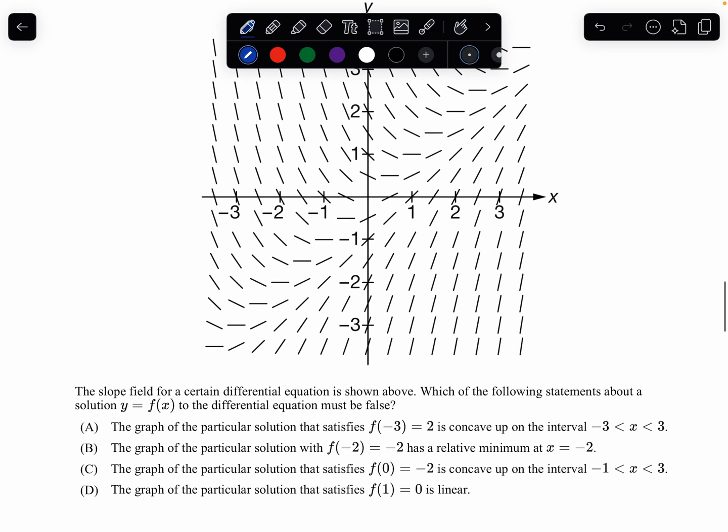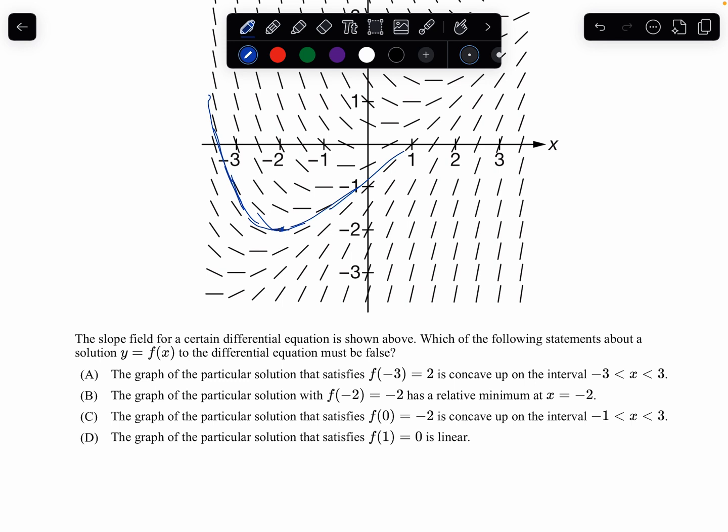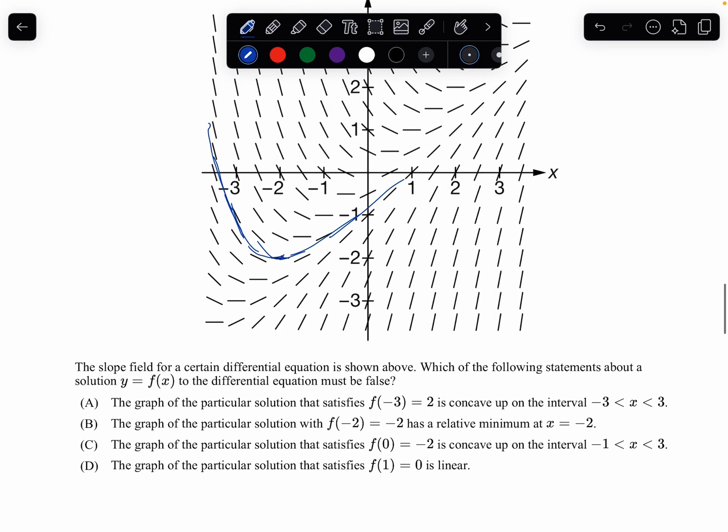The graph of the particular solution at negative 2, negative 2. So maybe right here. Something like that. Has a relative minimum at x equals negative 2.